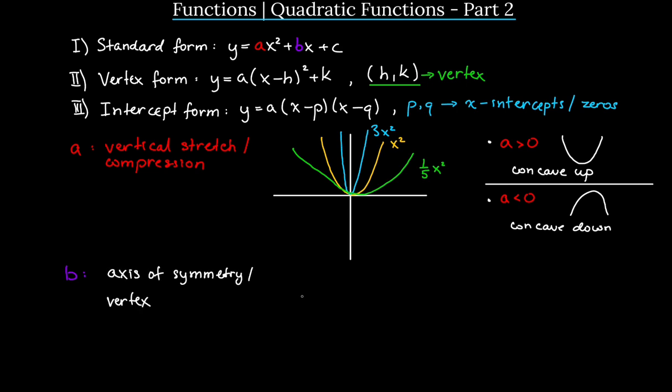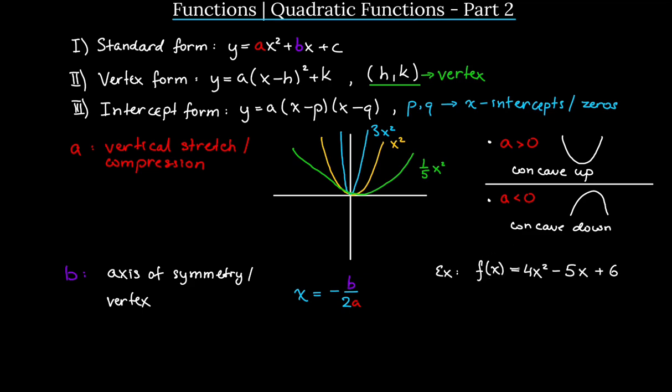Now, the golden formula for finding this axis of symmetry, or the x value of our vertex, is x equals negative b divided by 2a. Extremely important, so please remember this formula.